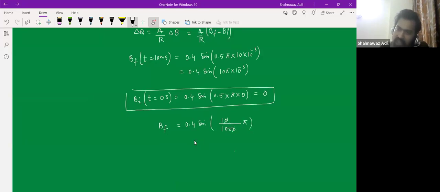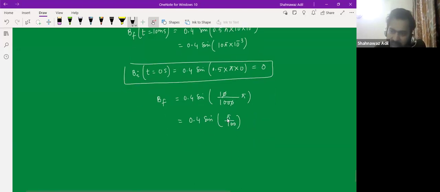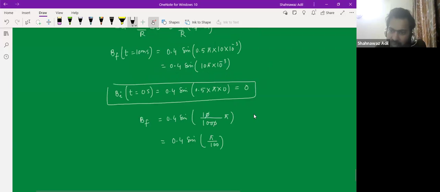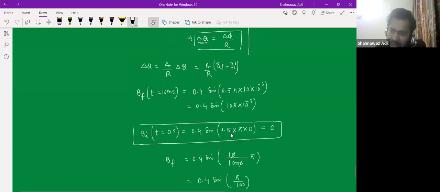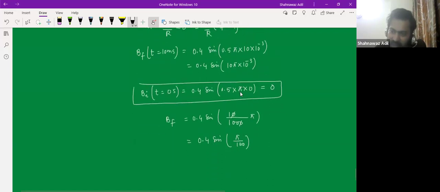So this is cancelled, and we get pi by 100. So how much is pi by 100? How much is this quantity? We can write this thing as pi by 10. If we write it in this way, then it will become more clear, right?